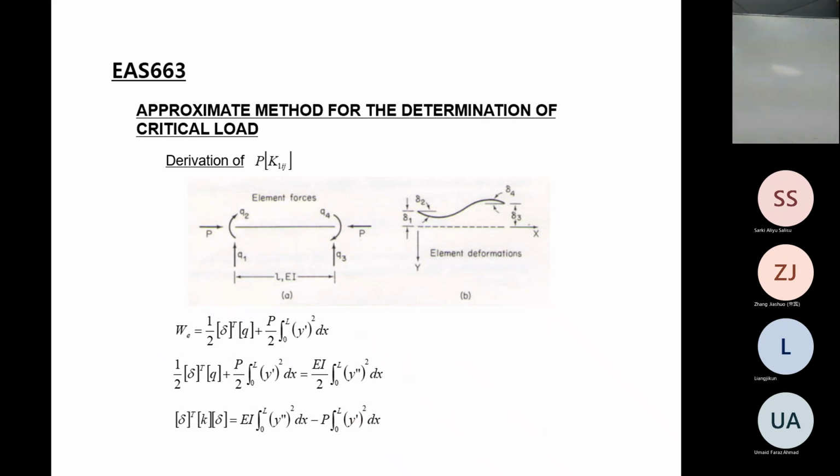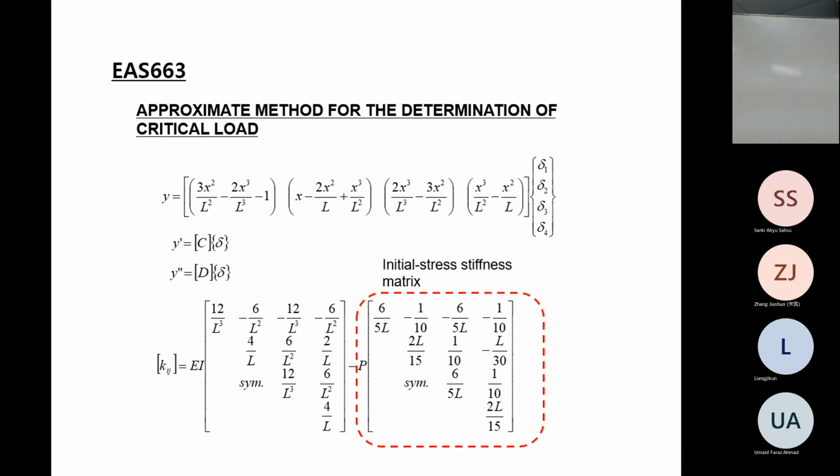Then we relate this displacement Y to what happened at one end and what happened at the other end. At one end, when x is equal to 0, we have Y equal to this, and Y prime is this. When x is equal to L at the other end, we have Y equal to this, and Y prime delta 4.